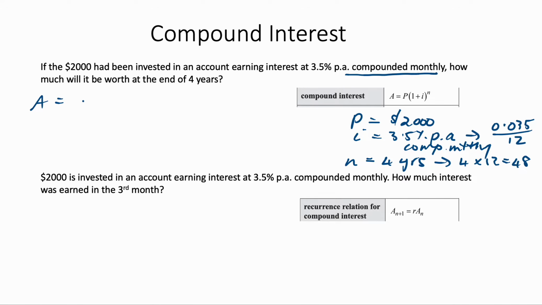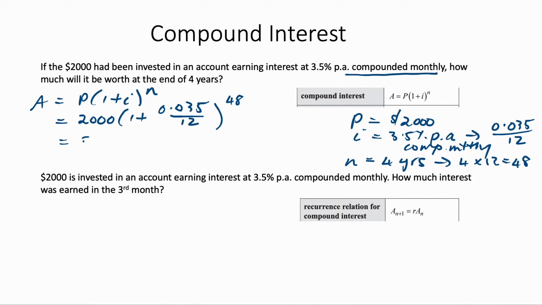So simply starting with our formula like that, we've got 2,000, 1 plus 0.035 over 12 to the 48. When we pop that in the calculator, that comes out to $2,300.08. Okay, so notice with that question, we were looking at the big picture. We just wanted to know over the whole life of that investment, what did it end up being? So that's really why we were using this original formula.